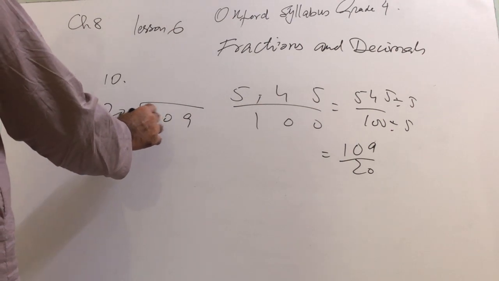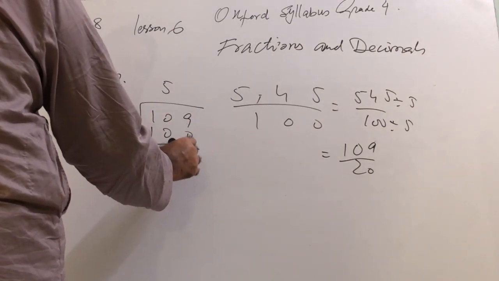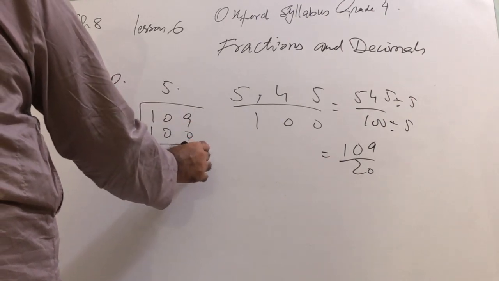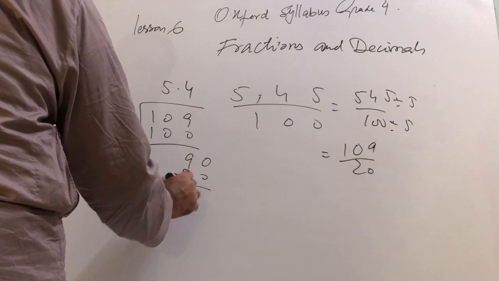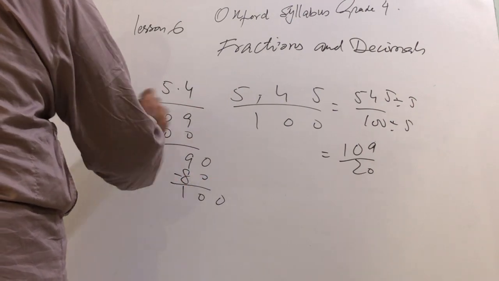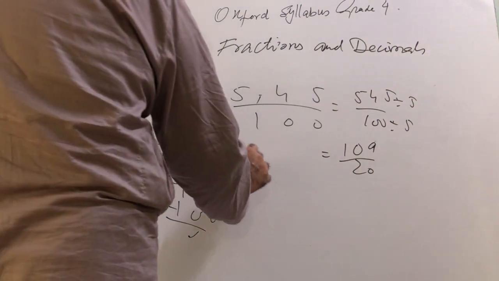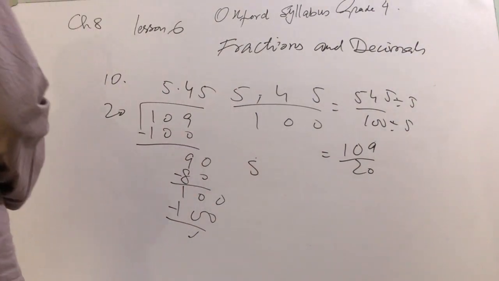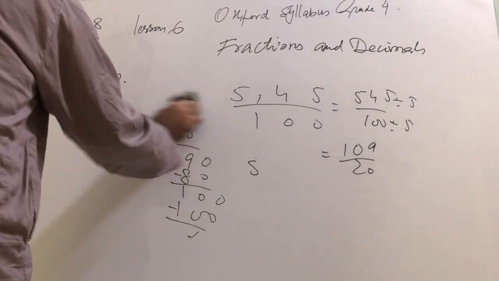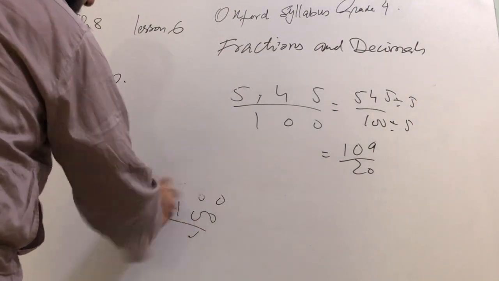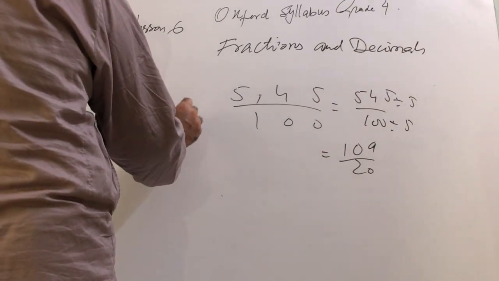Actually, we have done it in a wrong way. I'll do it again. We need to convert it into a mixed number. So 109 over 20. It is very simple.